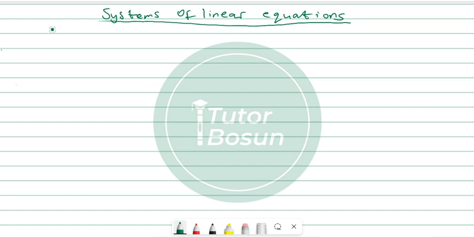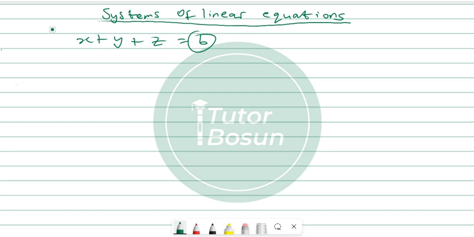In this lesson we'll be discussing systems of linear equations. Linear equations are equations of the form x plus y plus z equals b, where b is a constant, and in linear equations the highest power of the unknowns is 1.